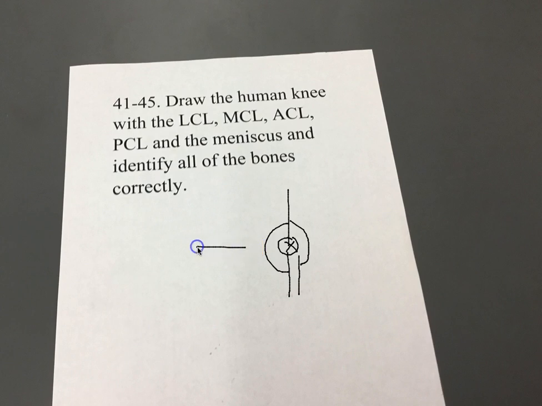No. So what you have to do is you also have to draw the posterior aspect, right? So if this is the left leg, where the fibula is actually on the lateral side, we have to draw that over there. We have to draw that over here. And now put in your meniscus, and now you can put in your posterior cruciate ligament, right? You see why this problem is not so straightforward.